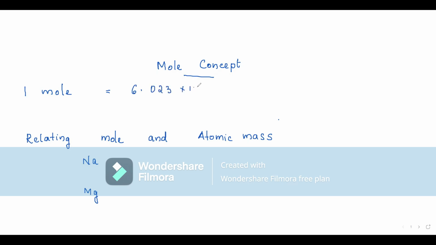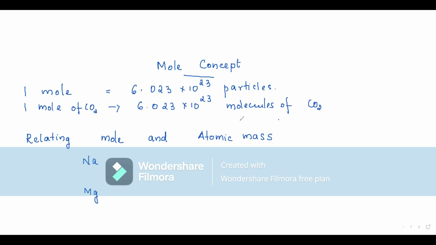6.023 10 to the power 23 particles present in it. I mean, if you say 1 mole of carbon dioxide, this will have 6.023 10 to the power 23 molecules of carbon dioxide.